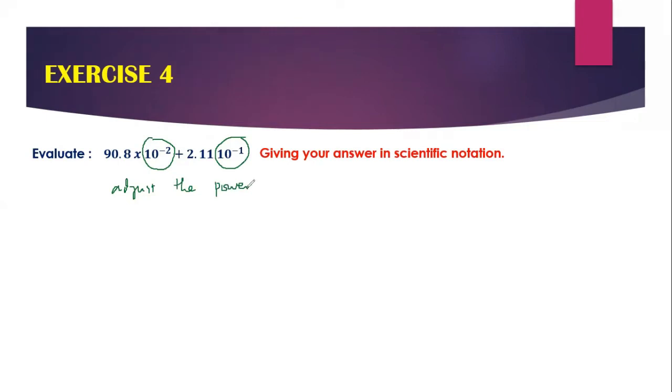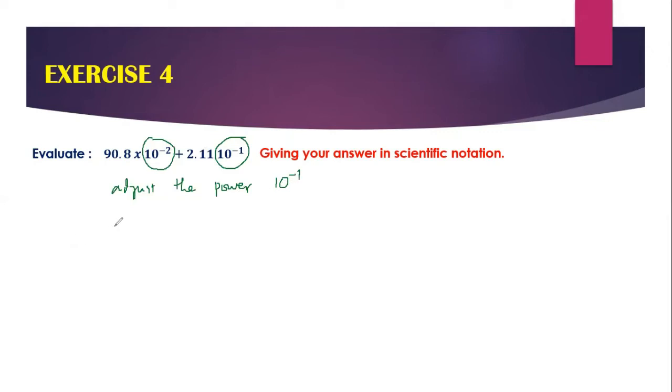Okay, we have to choose the highest power for adjusting. 10 to the power minus 2 or 10 to the power minus 1? Yes, correct. You have to choose 10 to the power minus 1 because minus 1 is higher than minus 2.